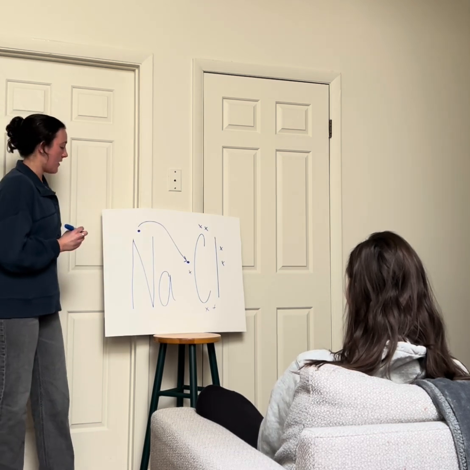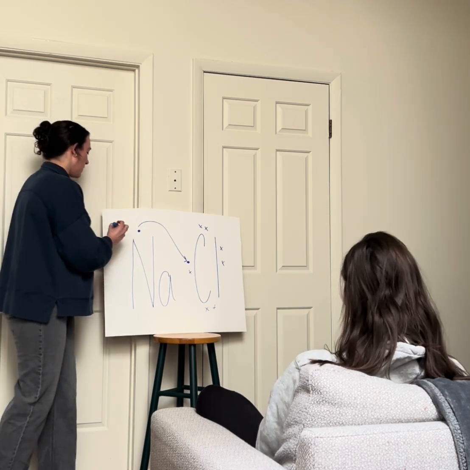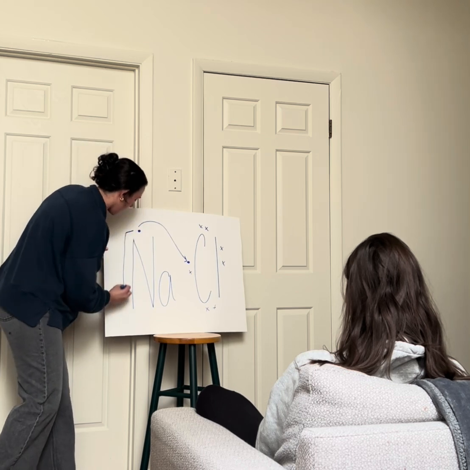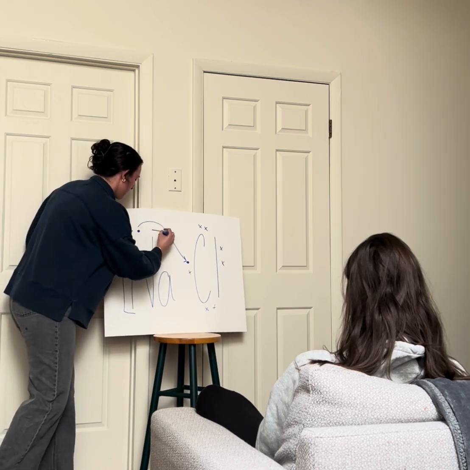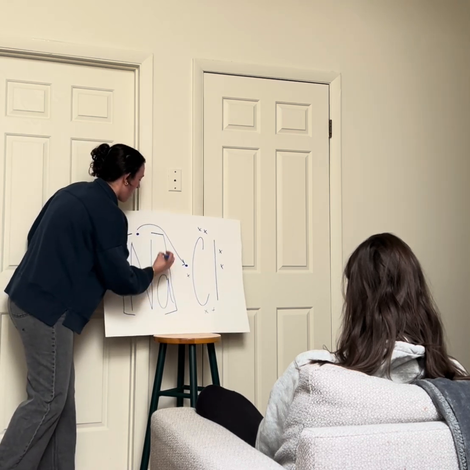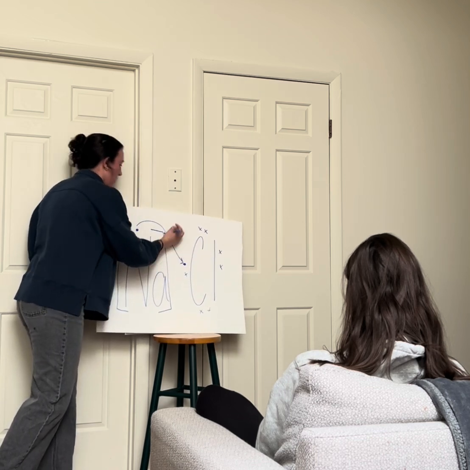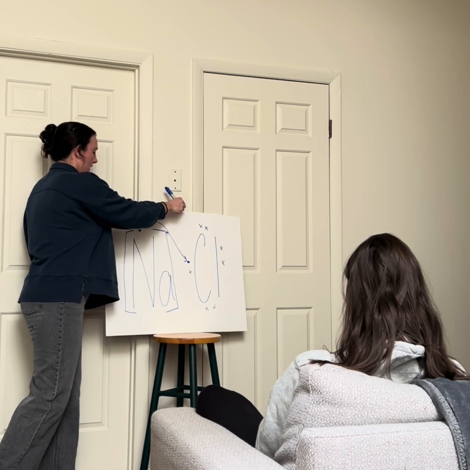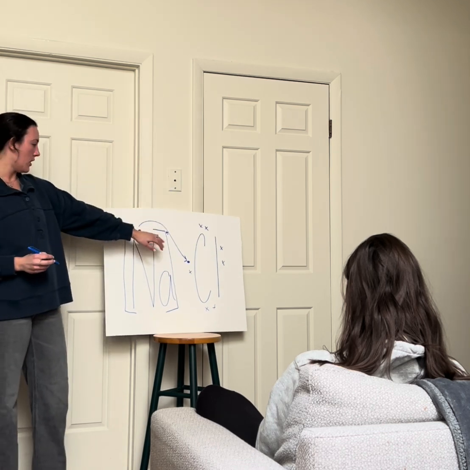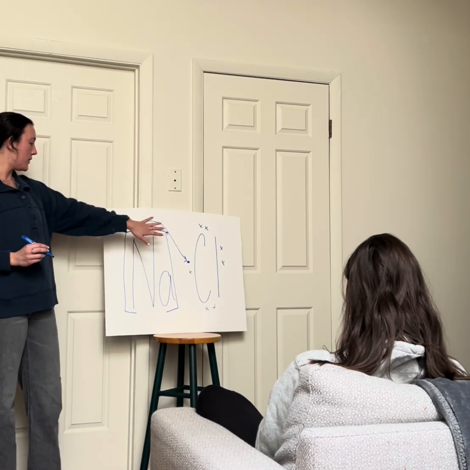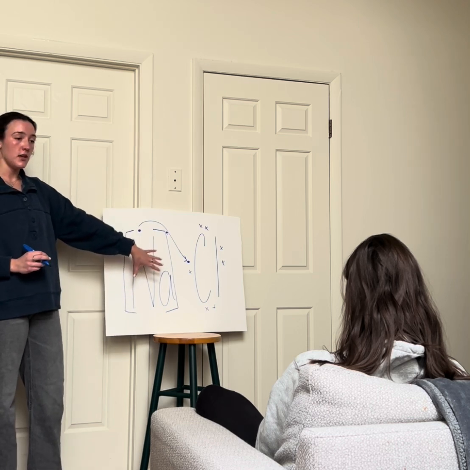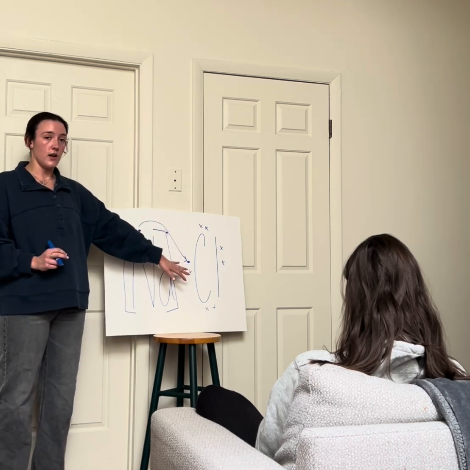Yes, sodium is going to have a positive charge. So to do that, we're going to draw brackets around sodium and then draw a +1 in the top right corner to show that it now has a +1 charge. Sorry, I drew that a little small, but you get the point. Sodium now has a +1 charge because it has lost 1 electron.